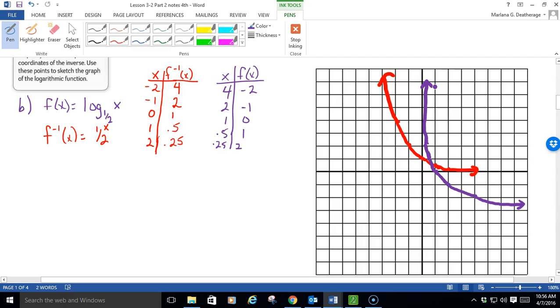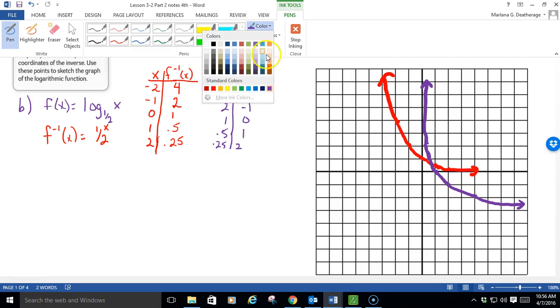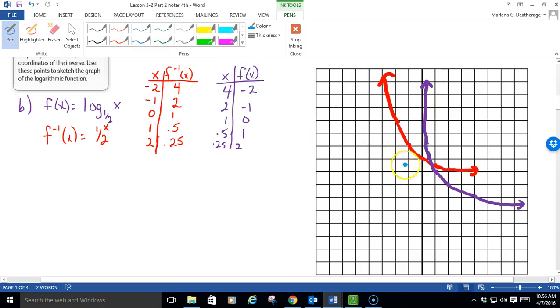Now, is it a reflection? Does it look like it's a reflection? Because what is it going to reflect over? Well, the y equals x. Alright, and it does. You can see that it reflects.